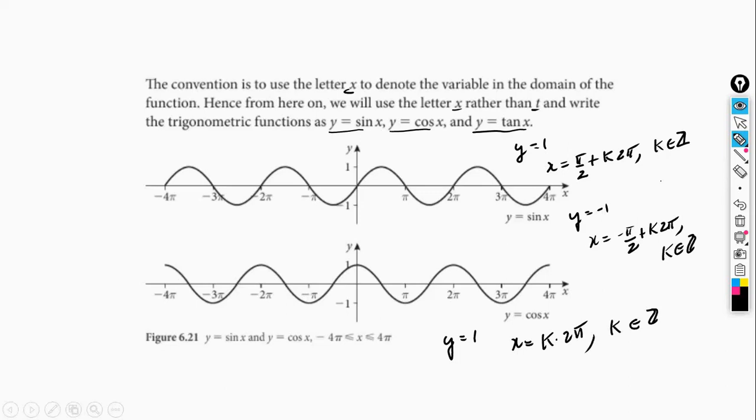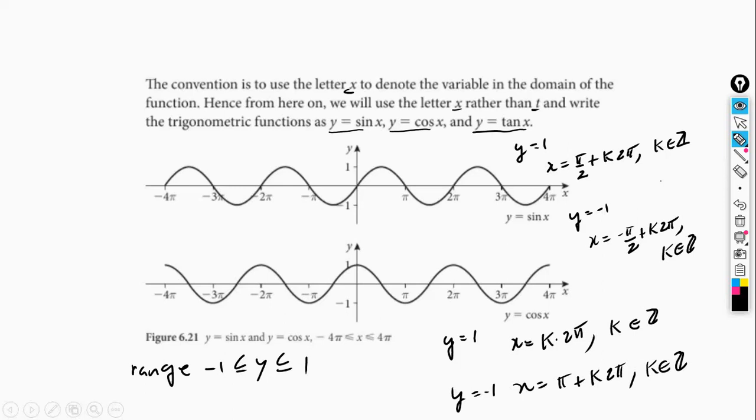And you will see that the minimum for cosine is y equals -1 for every x such that x equals pi plus a multiple of 2 pi. This confirms that both functions have a range between -1 and 1. And obviously, the domain for both functions is all real numbers.